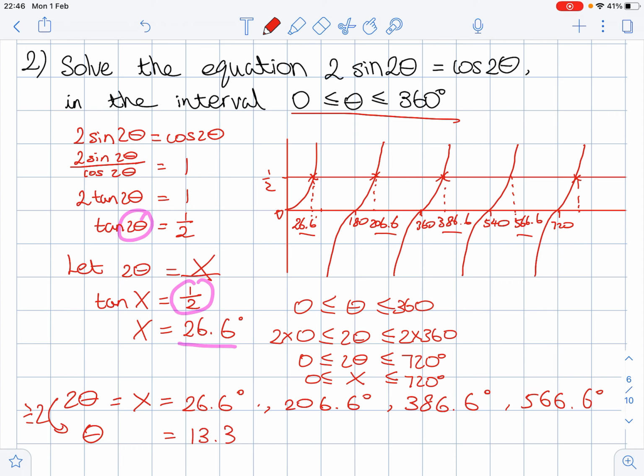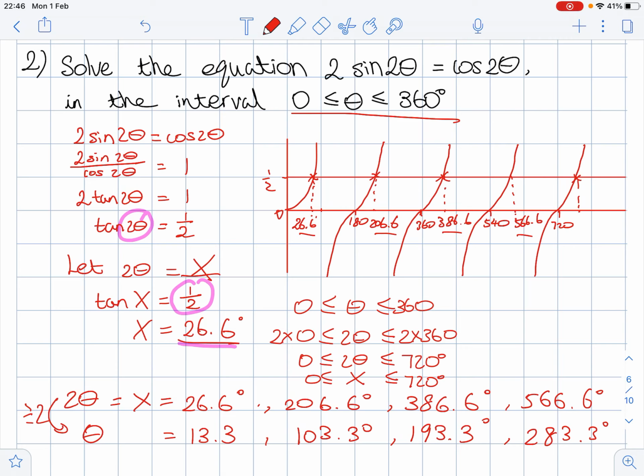So half of 26.6 is 13.3. Half of 206.6 is 103.3. Half of 386.6 is 193.3. And half of 566.6 is 283.3.